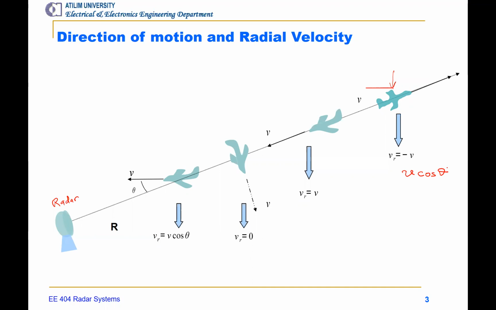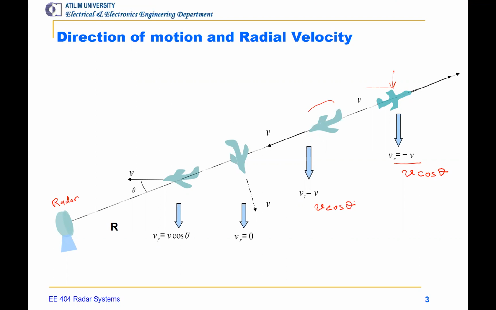So it's going to be -1. -1 times v is -v. So as the radial speed is -v here, then we expect that the Doppler shift will be negative, which means that the received signal frequency will be reduced by the amount of the Doppler shift. On the other hand, for a target coming into the radar, the radial speed is going to be, again, from the formula, v, since the angle is going to be 0.